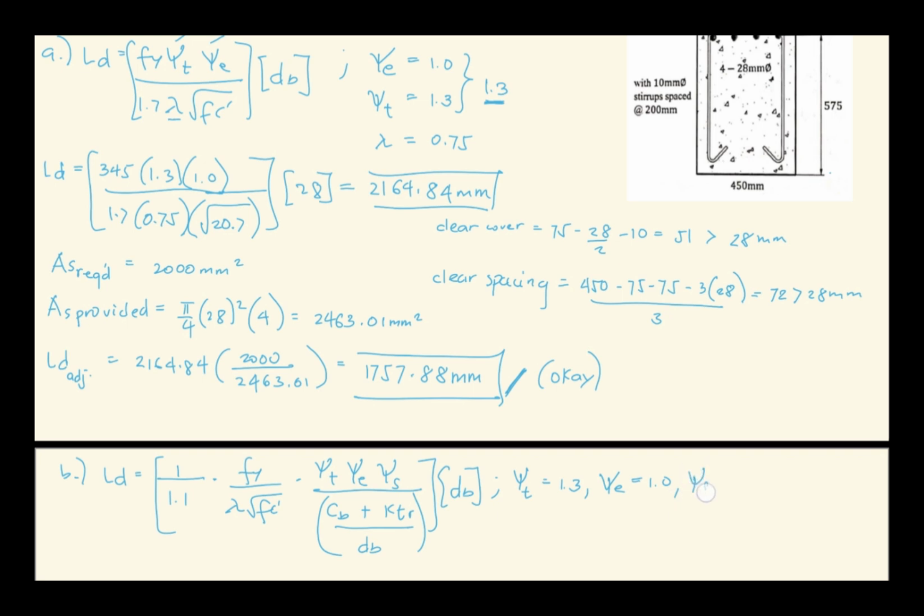The size factor is also 1, since we have 28 mm diameter bars, and lambda is 0.75 for using a lightweight concrete.